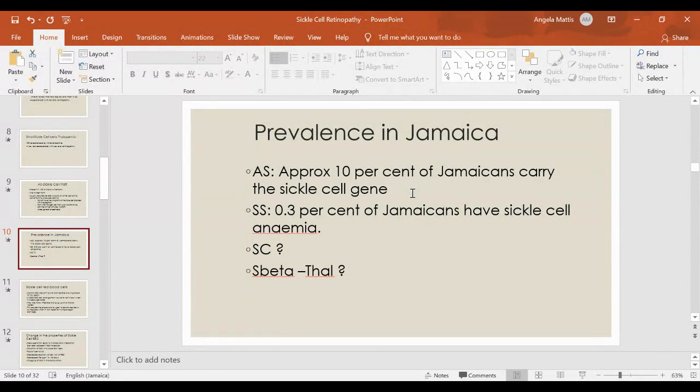I had a colleague who went to the UK and did the ophthalmology exam in the United Kingdom, and he was asked something about sickle cell. Now, I'm not quite sure if he steered the conversation into sickle cell or he was asked something specific about sickle cell. He was very happy because he knew about sickle cell retinopathy. And those guys there, they don't know.